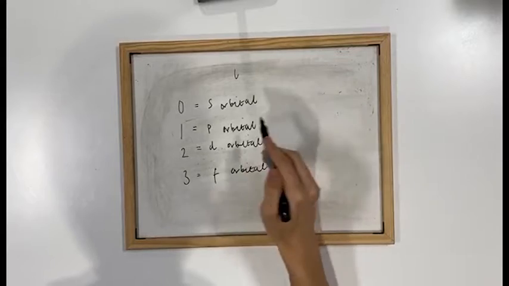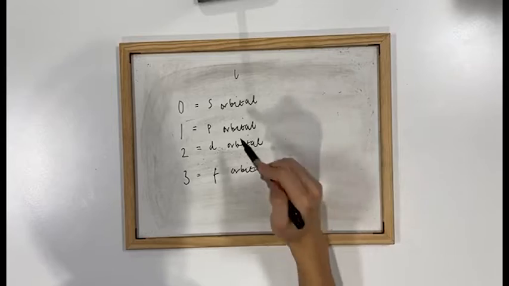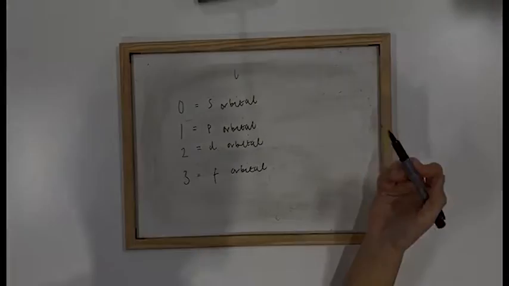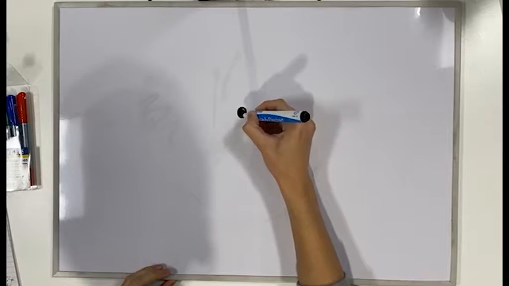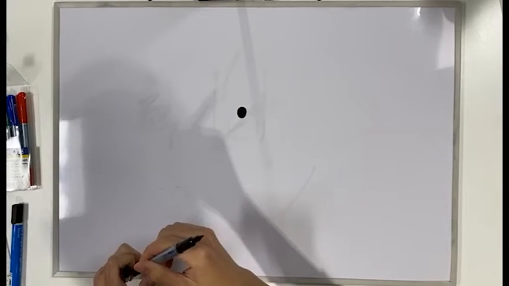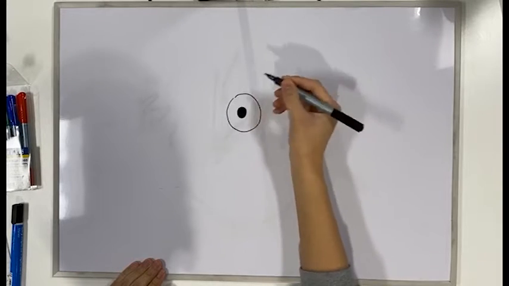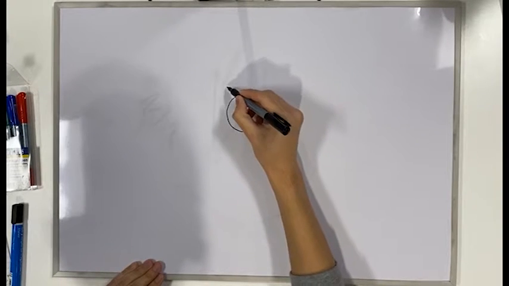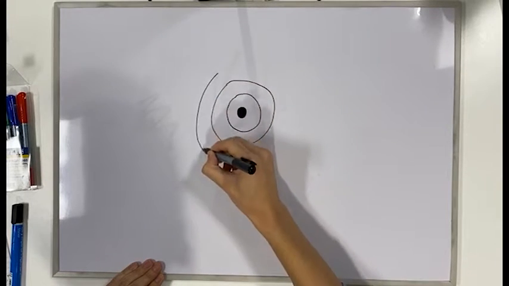So it's a good time to mention that an orbital is a region in space where an electron is most likely to be found. The principal quantum number designates a specific principal shell within an atom. So if we say this is the nucleus of the atom, and this would be the first shell of the atom, this would be the second shell, and that would be the third shell.